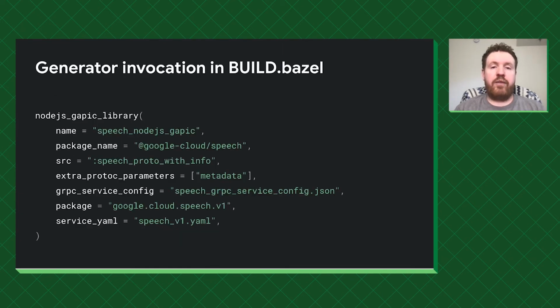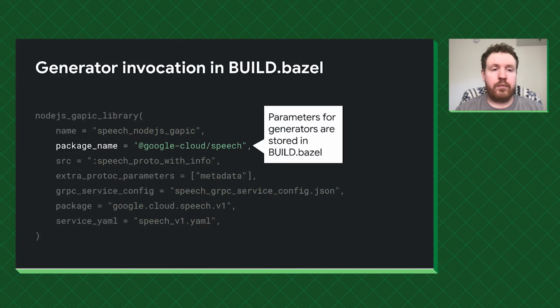This is a snippet taken from the build file for the Google Cloud speech-to-text API. This snippet defines a TypeScript client library target. Here, this GAPIC part of the rule name is a name we use for Google Cloud client library generators. Each generator implements its own rules that generate and pack client libraries, so we have some Starlark code in every generator.